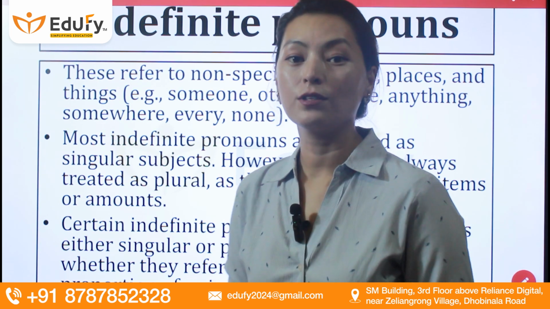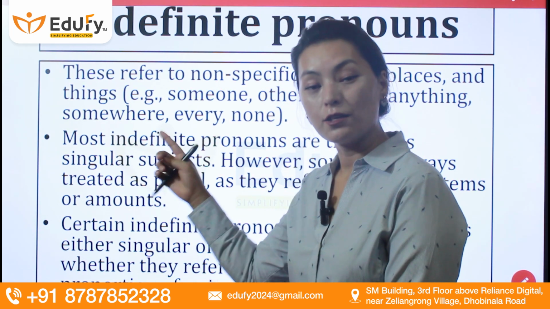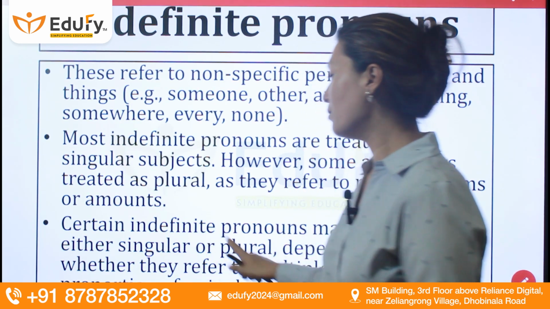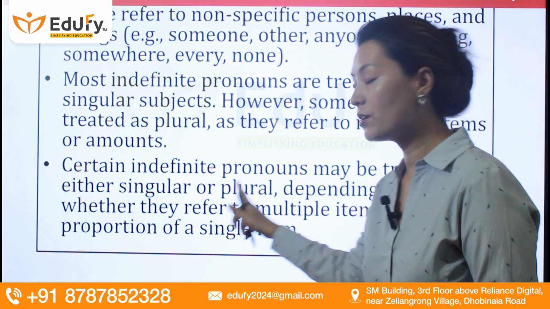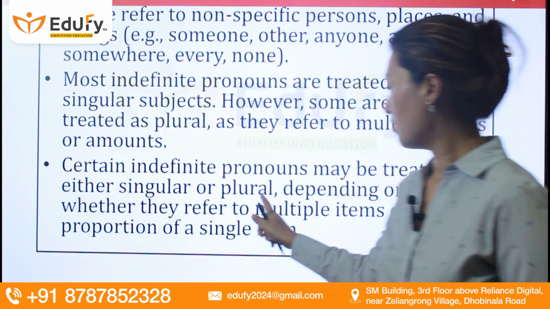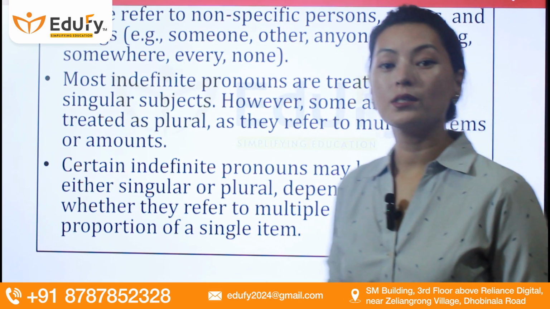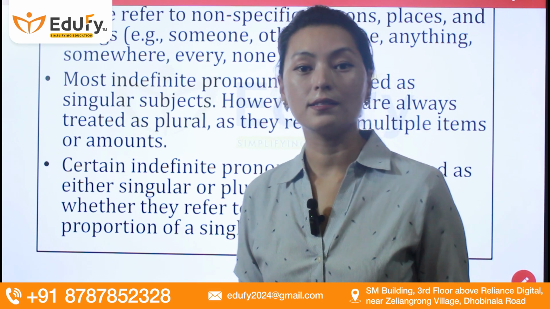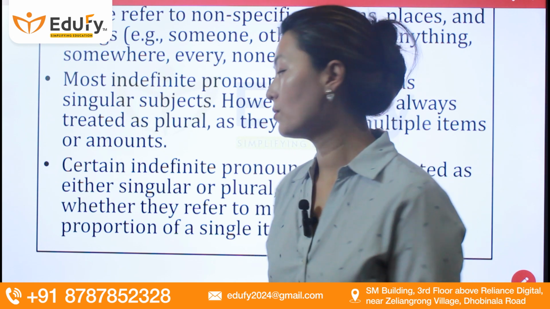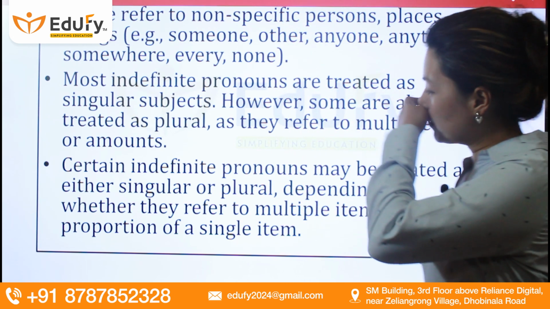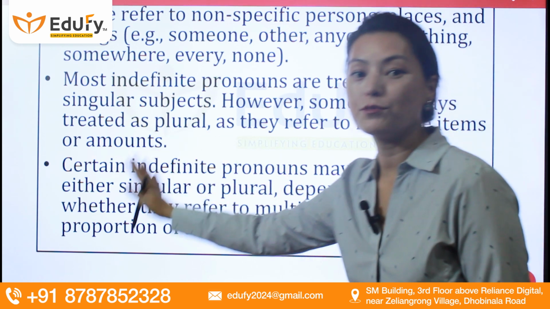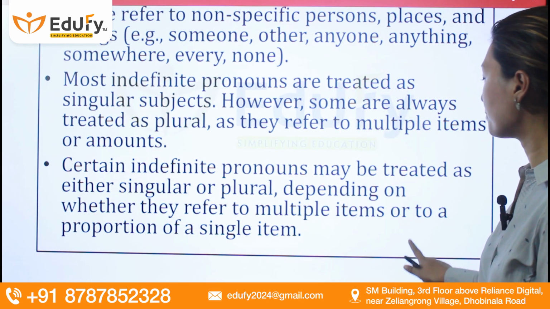So we will have to look into what are those plural indefinite pronouns and what are those singular indefinite pronouns. We also have certain indefinite pronouns that will take either a singular or plural verb. That means we will have to treat them either as singular or as plural as well. Those are the rules that we must follow when we are trying to write a sentence, when we are trying to relate the subject and the verb.